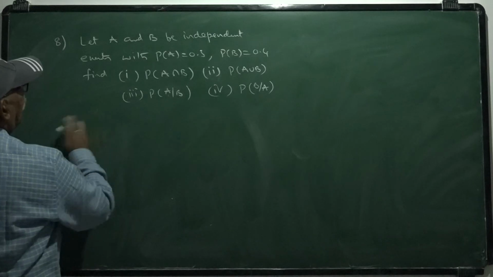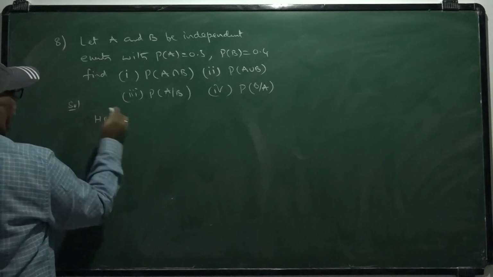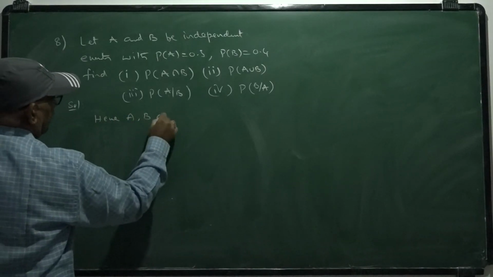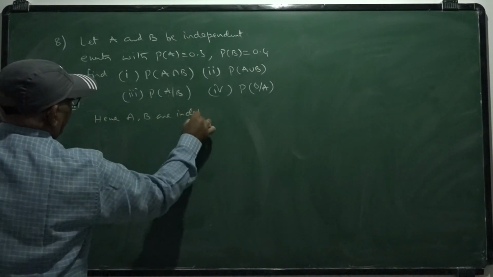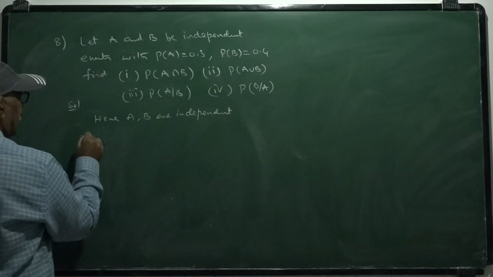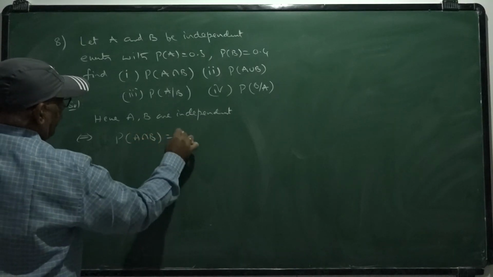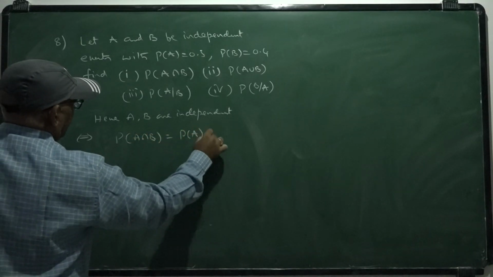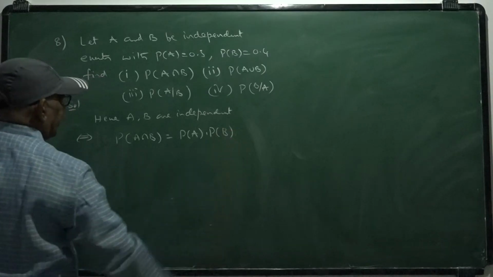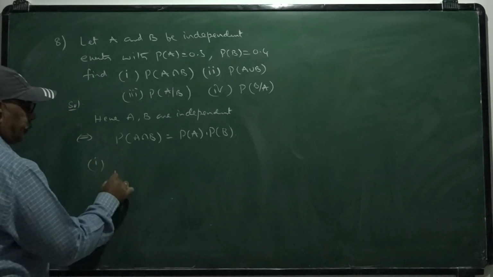So here A, B are independent. That implies probability of A intersection B is always probability of A into probability of B. Now coming to the first one.